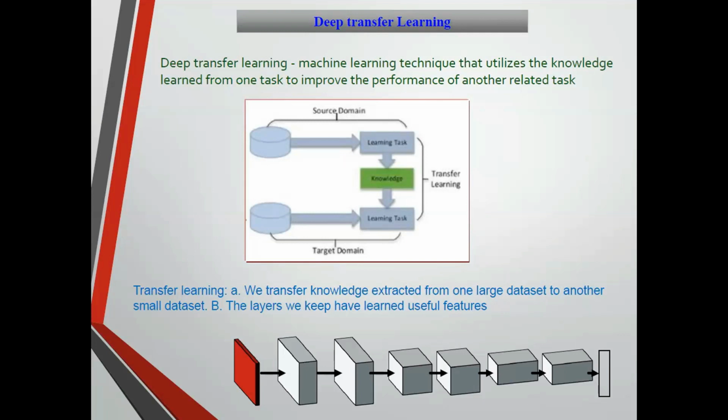Similarly, in a distributed fashion, if your data strength is high, you can break the data into small tasks, and these sets of tasks you can transmit from the source domain to the target domain via knowledge. This is known as transfer learning.